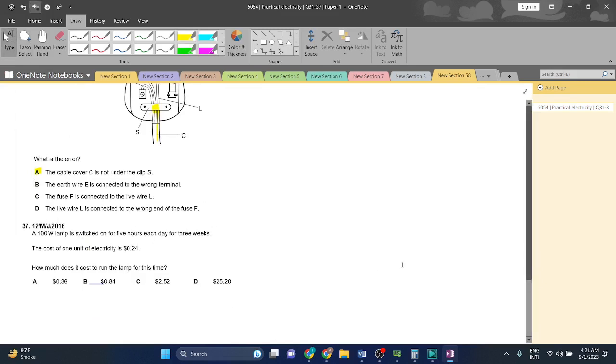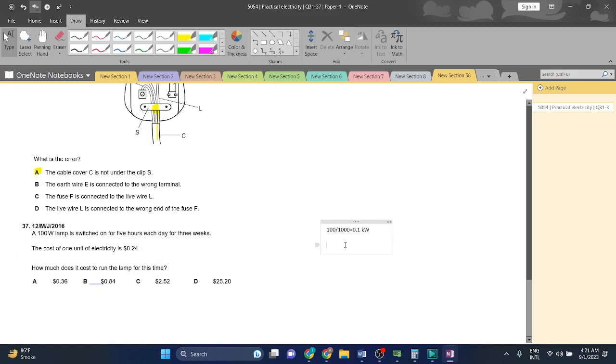Question 37, a 100 watt lamp. We will first convert 100 watts into kilowatts by dividing by 1000, so we get 0.1 kilowatts. The cost of 1 unit of electricity is $0.24. How much does it cost to run the lamp?